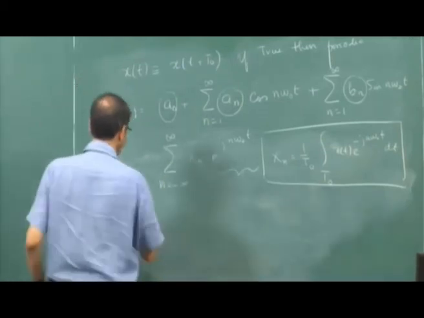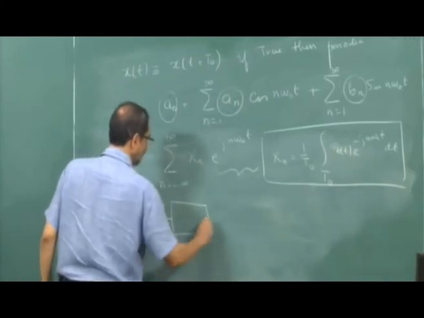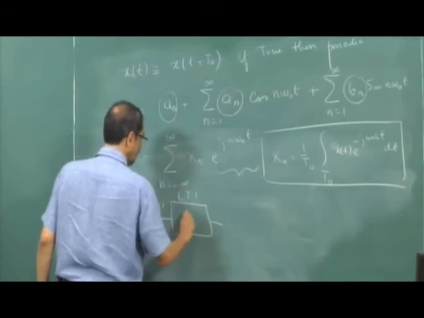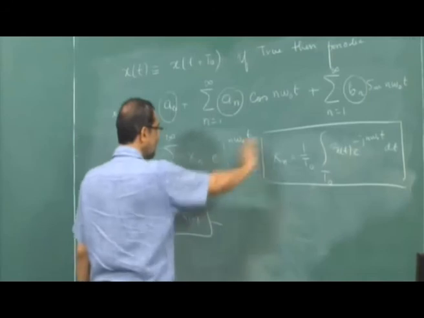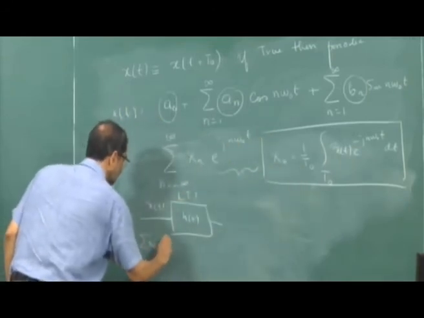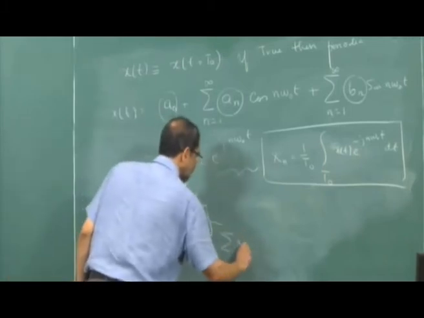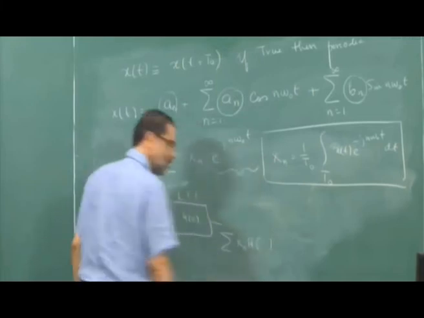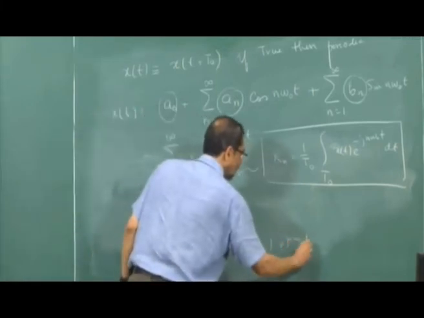If this periodic x of t is given as an input to an LTI system of impulse response h of t, then I know that the same thing will come out. So if I give input xn e raised to j n omega naught t, output will be some xn with some function of h, I don't know what it is, and e to the power of j n omega naught t.